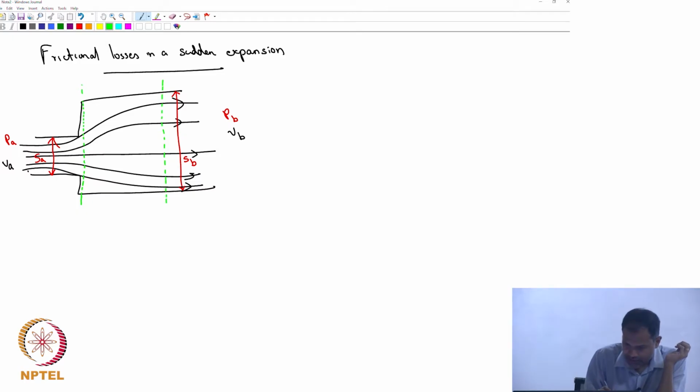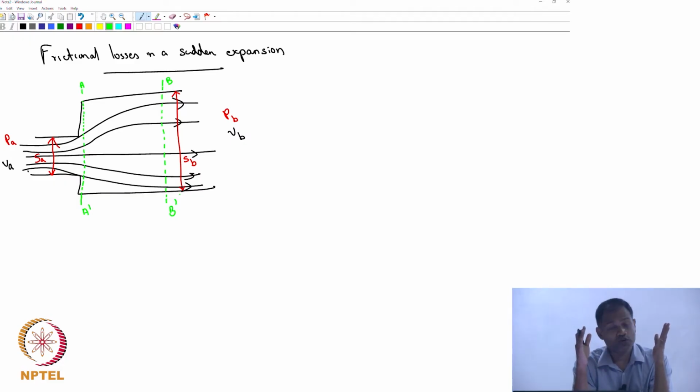So let's call it section A prime and B prime. So I am basically looking at a control volume which is between A prime and B prime, and I'm going to write down a force balance and an energy balance for that region.